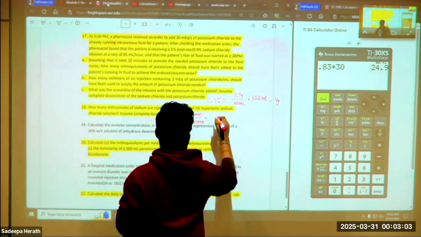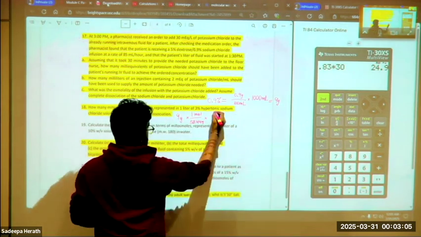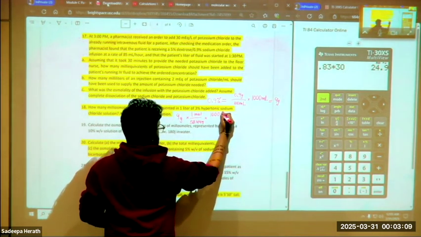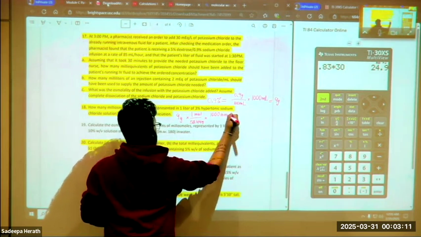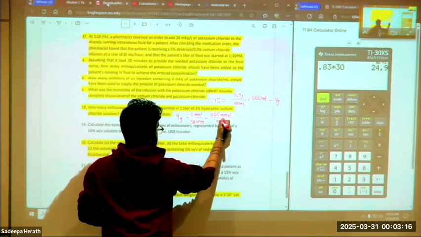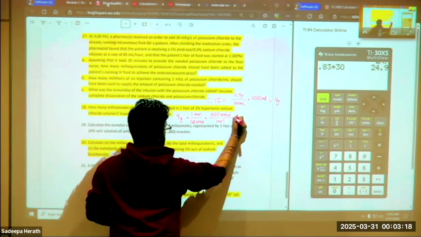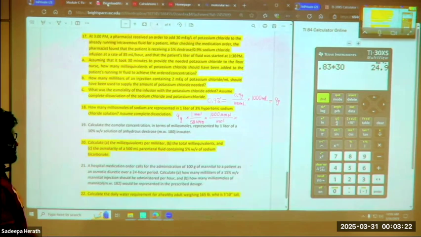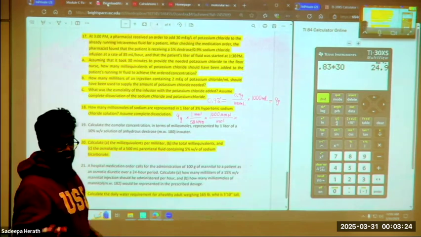And then millimoles: there are 1,000 millimoles per every mole. And now we're at milliosmoles, right? NaCl, 1 part Na, 1 part Cl.